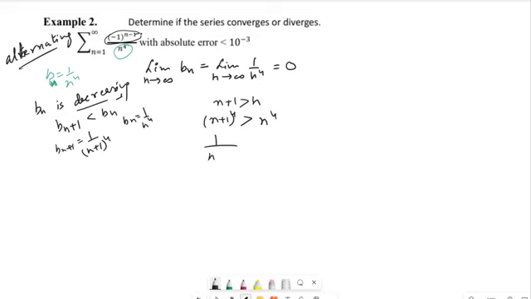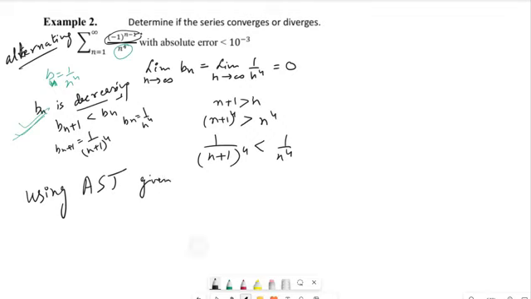So when I reciprocate it, clearly that has to be less than 1/n^4. So therefore, I am through with the second condition also, that Bn is decreasing. So using AST, I can say the given series. Which one is the given series?